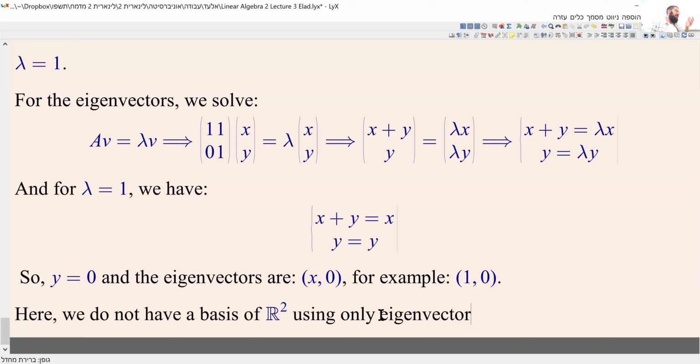When it comes to linear dependency or independency, we have only one vector, x and 0, of eigenvectors. So A is not diagonalizable. So sad.